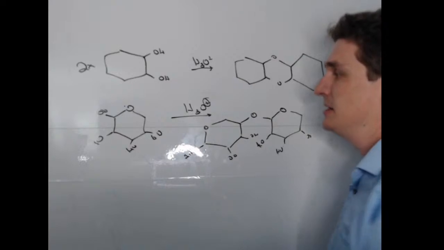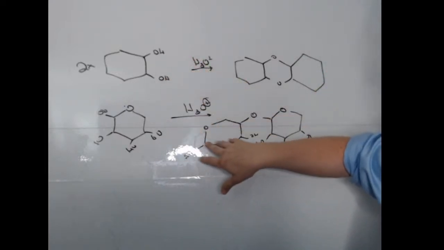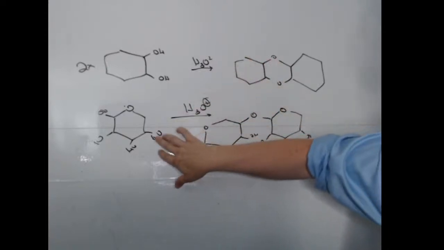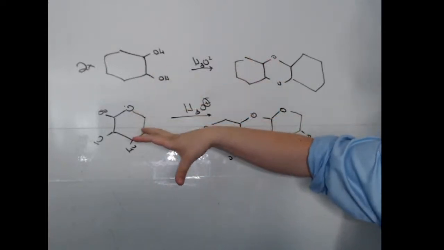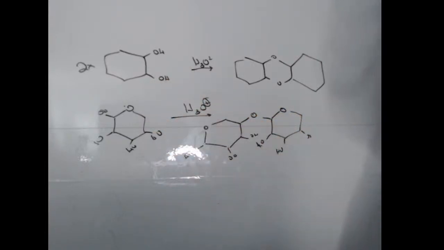So that's how polysaccharides are formed in your body. You just take the OH groups, you acidify, and you end up forming these bridging, taking these alcohol groups. They undergo acid catalyzed ether condensation with themselves, and you start building up bigger and bigger chains.